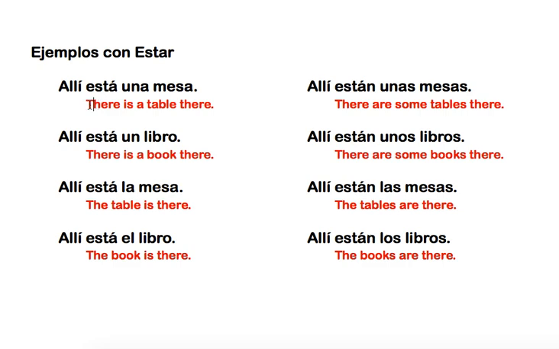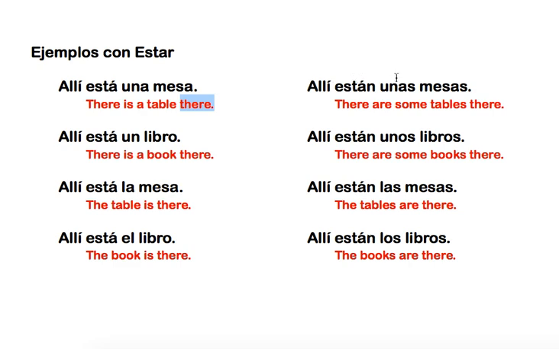So just keep in mind that this looks a little confusing, but basically it just means there is a table. Where is the table? There. There is a table there, over there, okay? Allí está una mesa. All right? There is from está. There comes from allí. Okay?